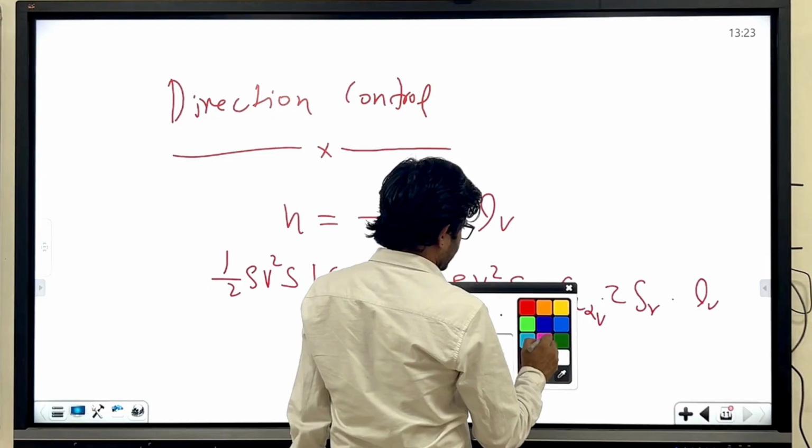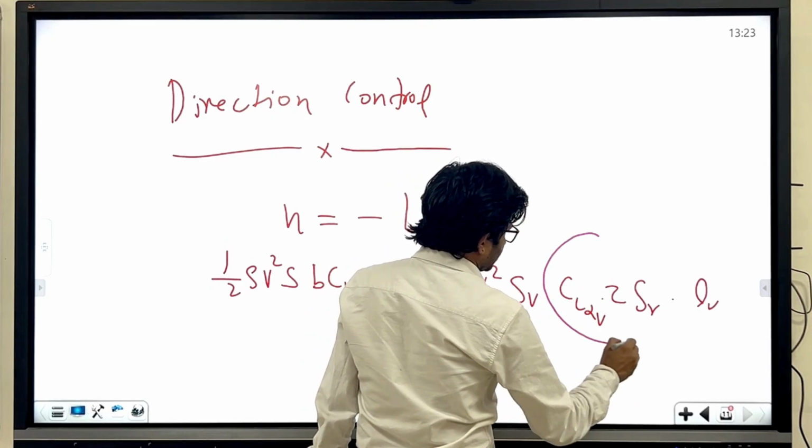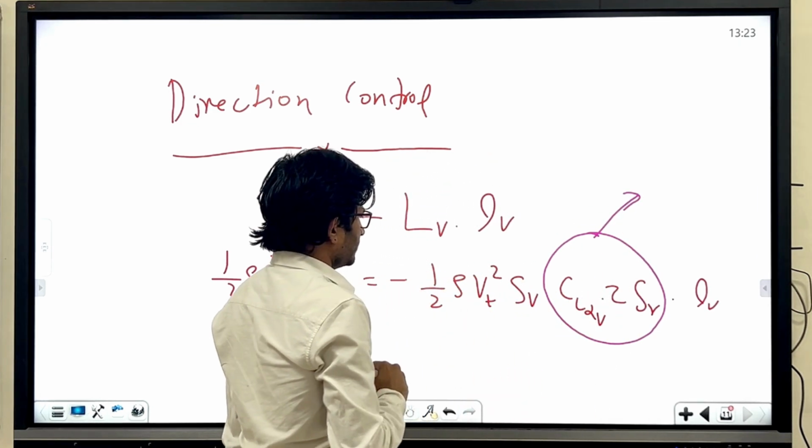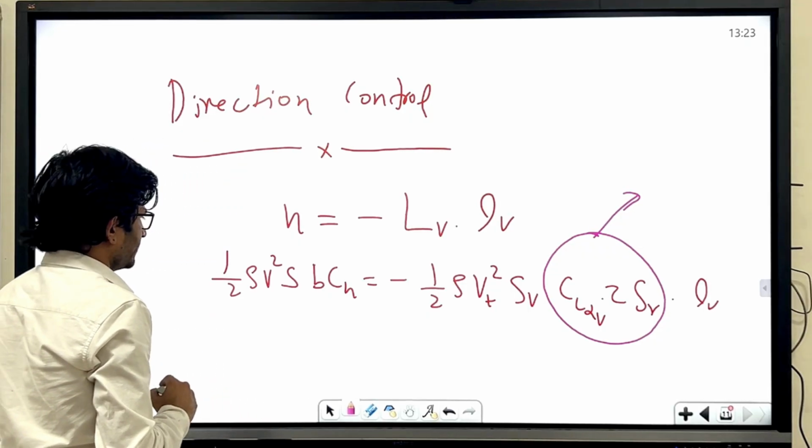We have already seen how to convert the lift coefficient in terms of control surface deflection in the lateral and longitudinal cases.